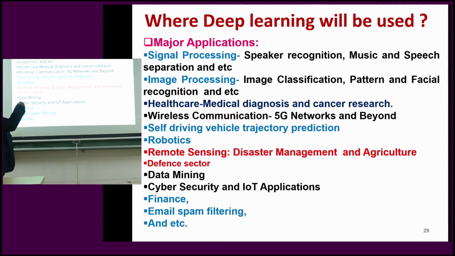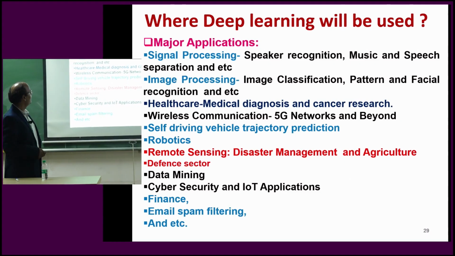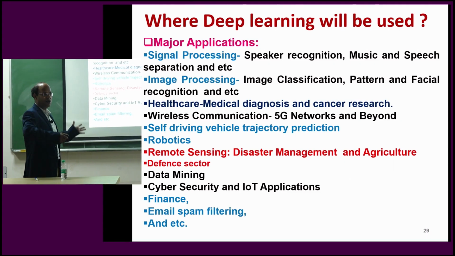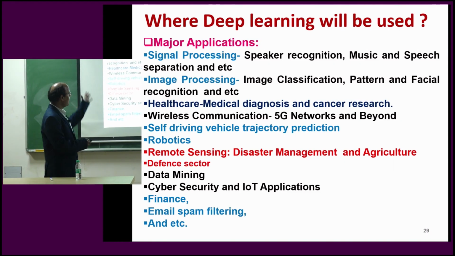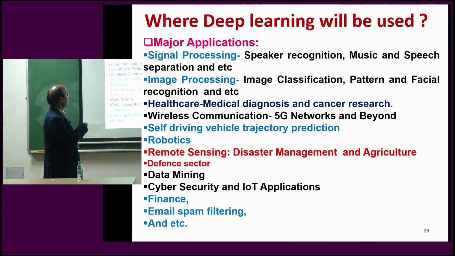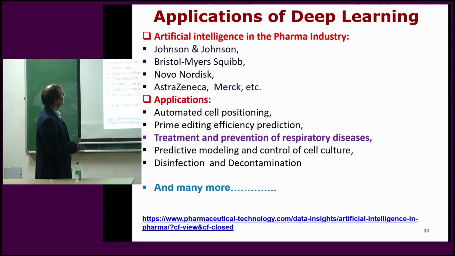Where will it be used? These are the major applications. As one slide, I can give you 20 slides of applications, but in a broader aspect: signal processing, image, healthcare, which is the GIAN program focus, and then wireless communication, robotics, remote sensing, defense, data mining, and so on. These are some core applications in the medical field.